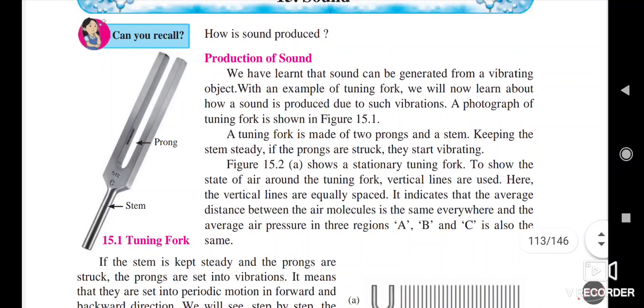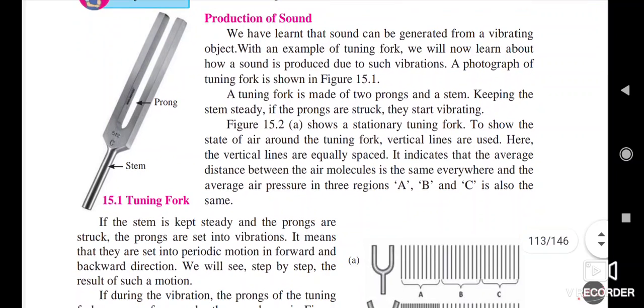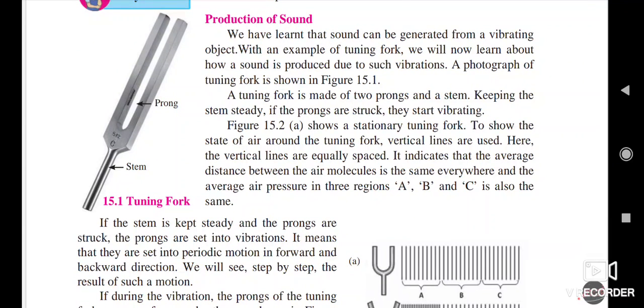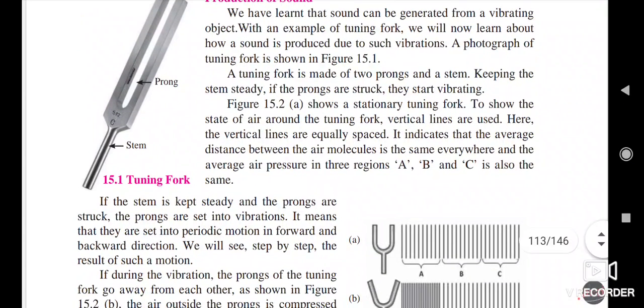Okay, production of sound. We have learned that sound can be generated from a vibrating object. With the example of a tuning fork, we will now learn how a sound is produced due to such vibrations. A photograph of a tuning fork is shown in figure 15.1.